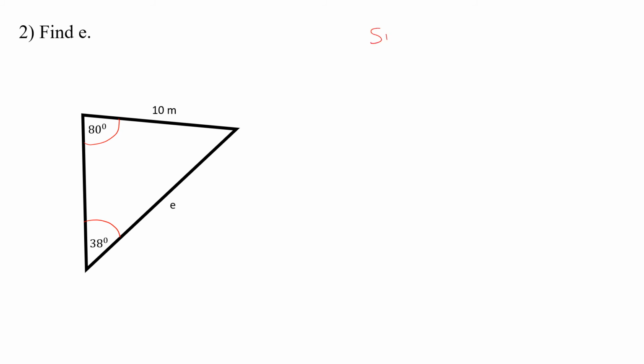It doesn't matter. So here we have sine 80 degrees divided by its corresponding side, which is E, is equal to sine of 38 degrees divided by its corresponding side, which is 10.